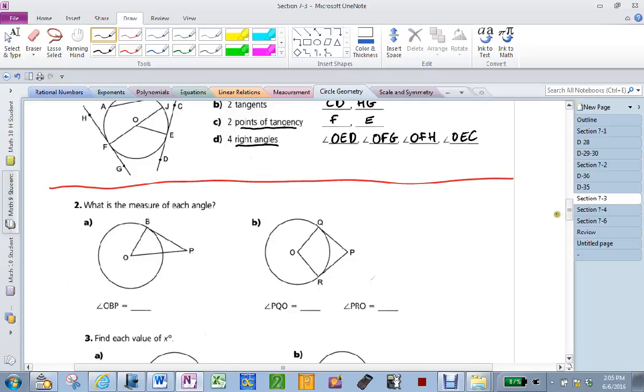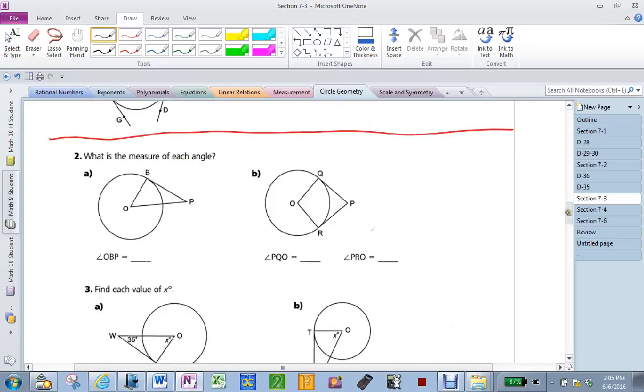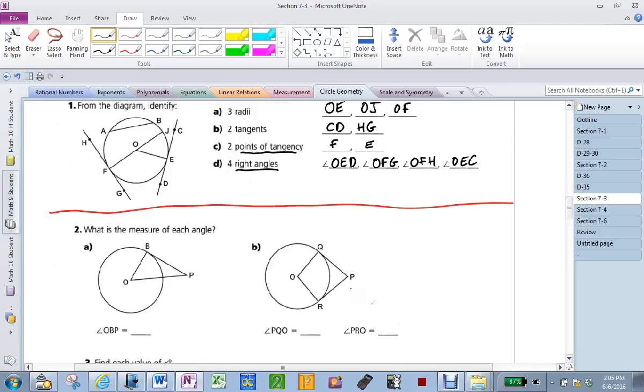Now, what is the measure of each angle? This should take you, again, about a minute. Some of you are already done. I am testing you here, of course, on your ability to read these diagrams. So, what's this guy? You just follow the letters.